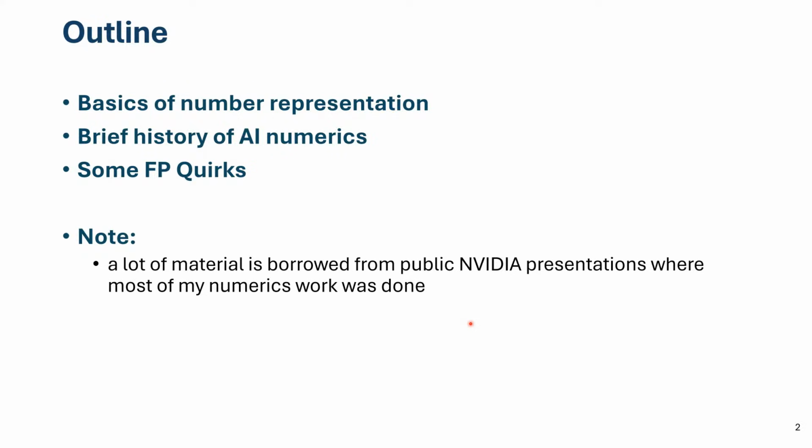And then at the end, I have a few slides on some floating point quirks. I think that's what Mark was referring to by silent, surprising results. All of those will make more sense once we understand the intricacies of floating point representation. But I figured rather than covering those right after the basics, maybe I'll throw in some AI stuff in between. So there'll be something for everybody, and maybe a ton of folks won't get bored.